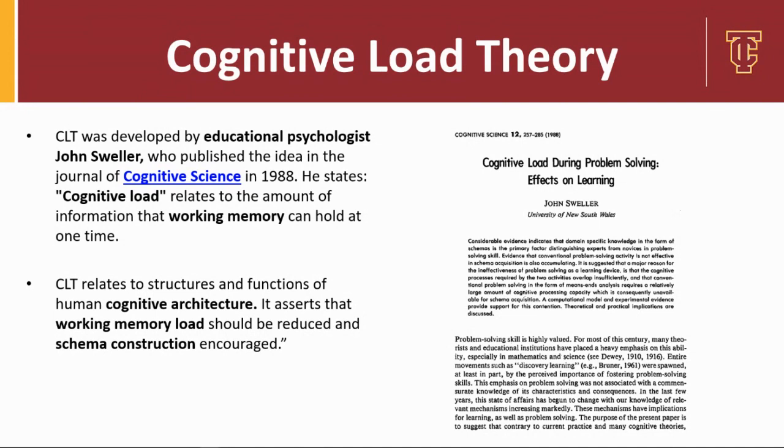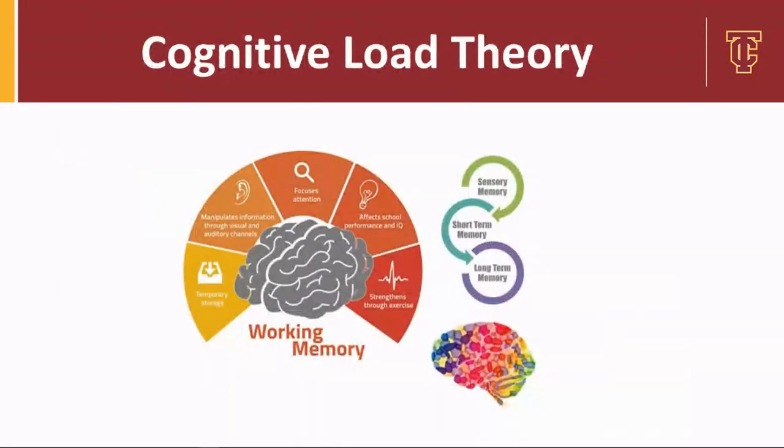It asserts that working memory load should be reduced and schema construction should be encouraged. So right there we have, okay, working memory load and schema construction. So we need to just pause on those two phrases, working memory load and schema construction. So when we think about our working memory, we have to start off by teasing this apart a little bit.